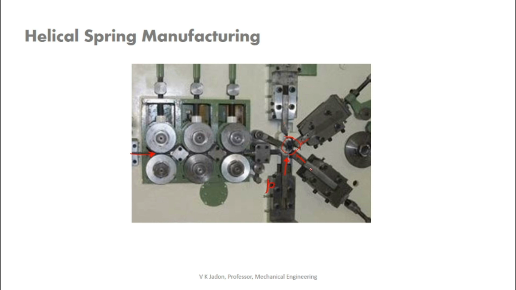So this adjusts the pitch, this is the direction, and this is the coil diameter. And once we get the desired length, this drops down, and this punch cuts the spring to the desired length.